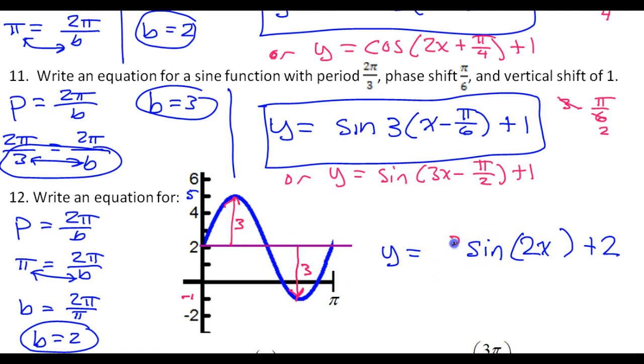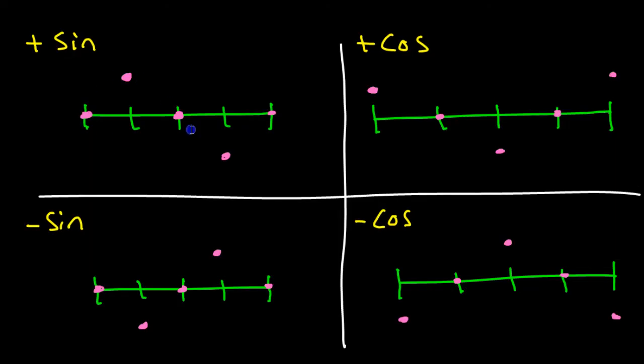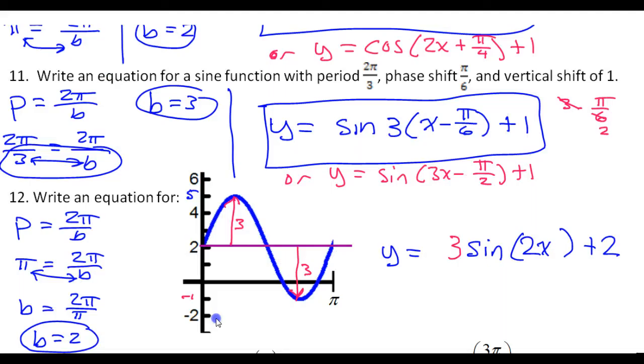So that's why I'm going to have a 3 in the front. Now, do I need to stick a negative on it? Well, this is the right side up version, the positive version of sine when it goes up like this. If it dipped down first, it would be negative, but it doesn't. So we can just leave it positive. So this would be a good equation for this graph.